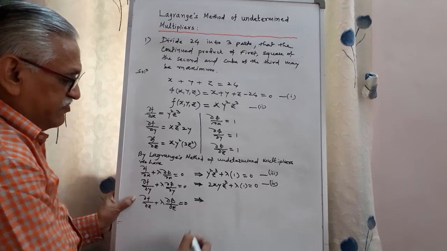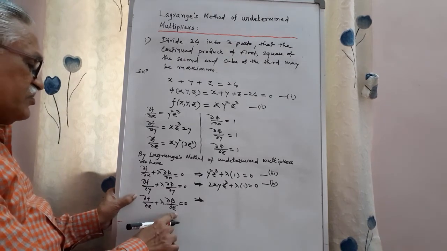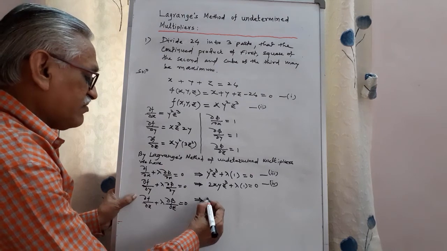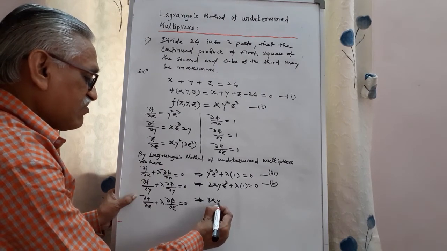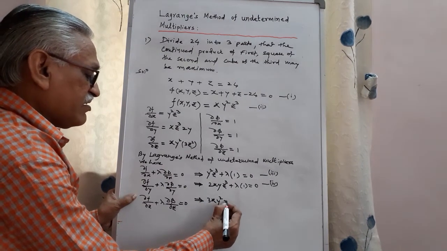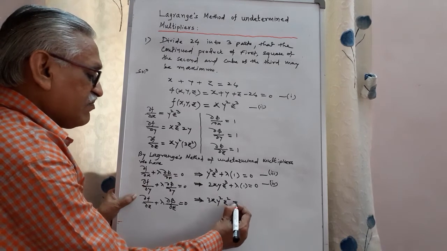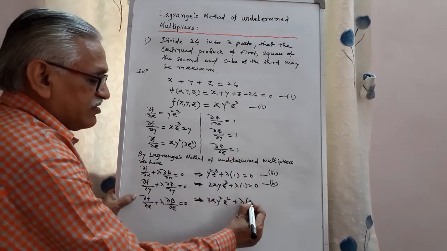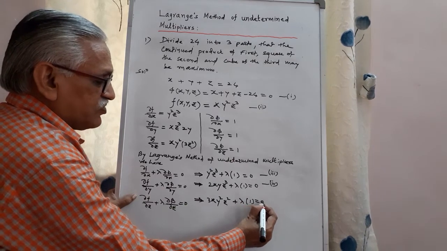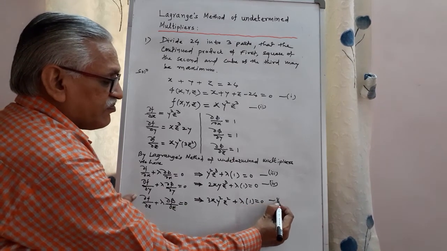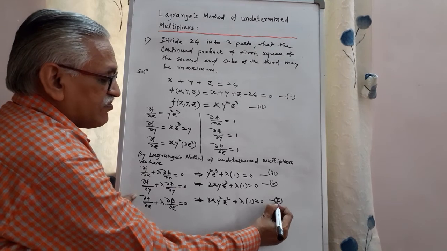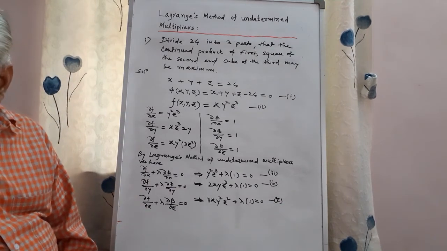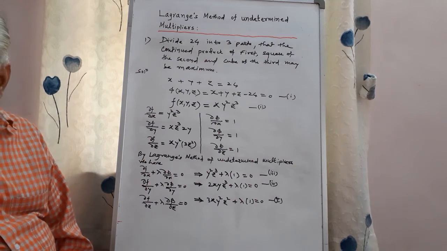It gives you, substituting the values of these two, dou f by dou z is 3xy square z square plus lambda into dou phi by dou z, 1, equals to 0. Fifth. Therefore, we have equation 3, equation 4 and equation 5.